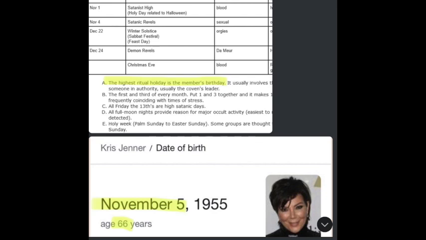She wished it was days, but she is 66 years old on that date, on that ritual sacrifice. We're going to play the Jason A video. We will be back, talking about the triangle, the portal to hell, the shirts he was wearing. We'll get into all that when we get back.